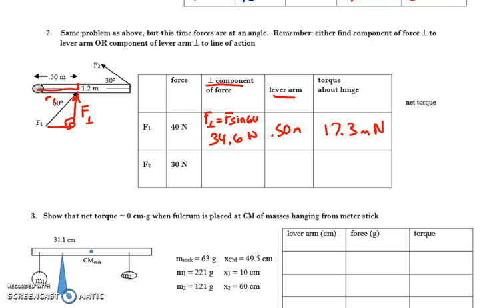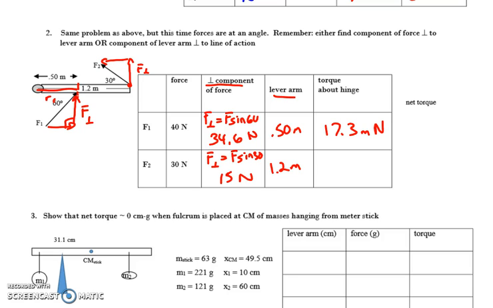All right, same idea with our 30 newton force. So here is the point where it's acting, so I'm going to break it up into a perpendicular component and, if you will, a parallel component, but I'm not really interested in that. So our lever arm, since it's acting way out here, is going to be 1.2 meters away. And again, the perpendicular component is going to be F sine of 30, and that will give us 15 newtons.